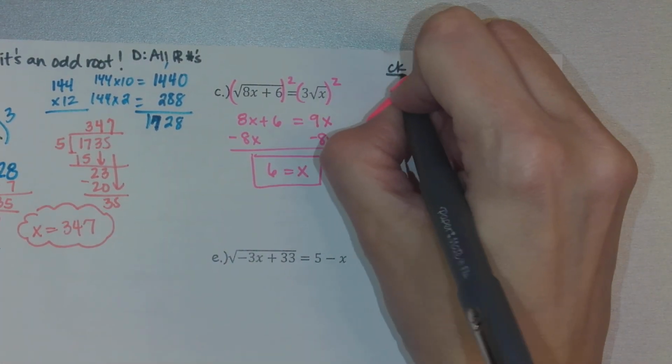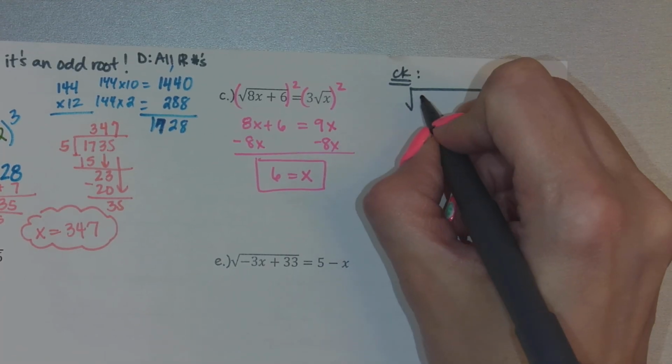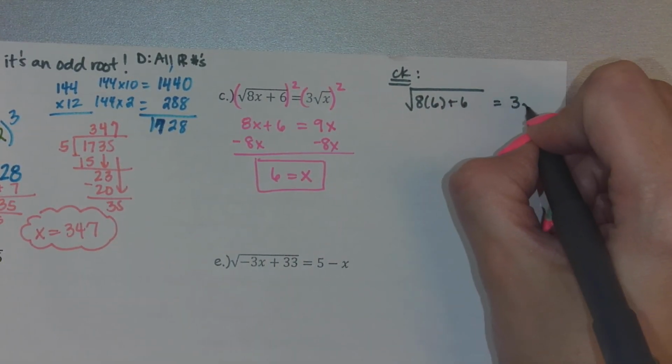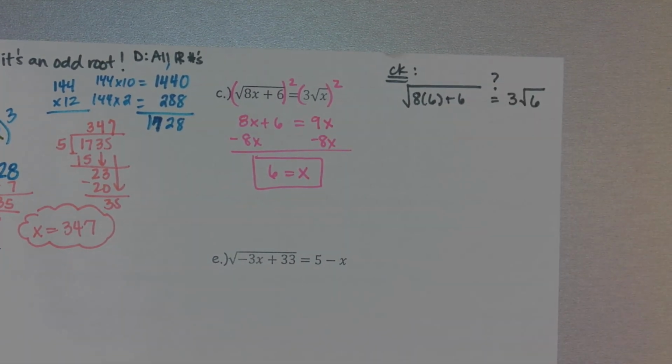Okay, so when you set up your check, all of our first steps should be the same. You have 8 times 6 plus 6 equals 3 root 6. And we're going to put a question mark in the middle because we do not know if those are equal.